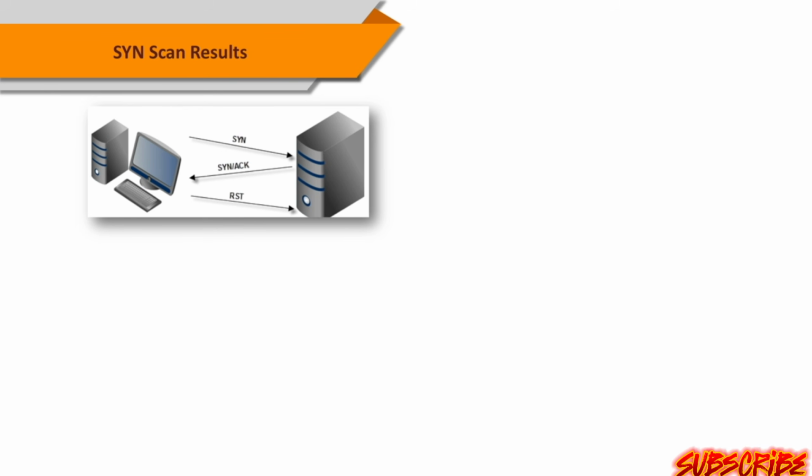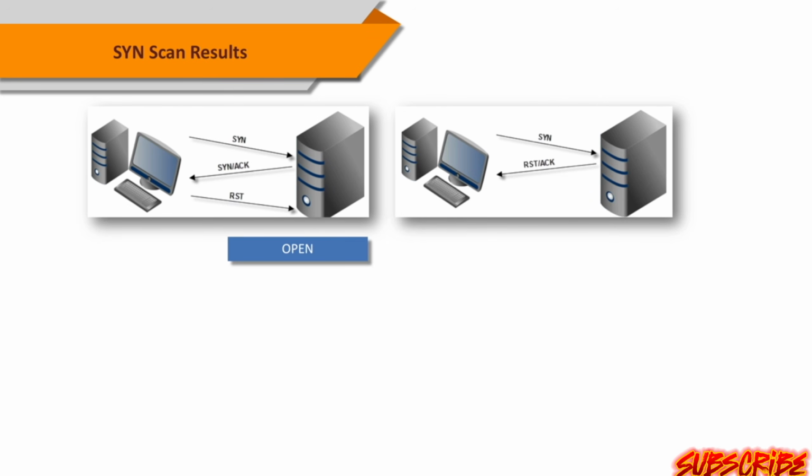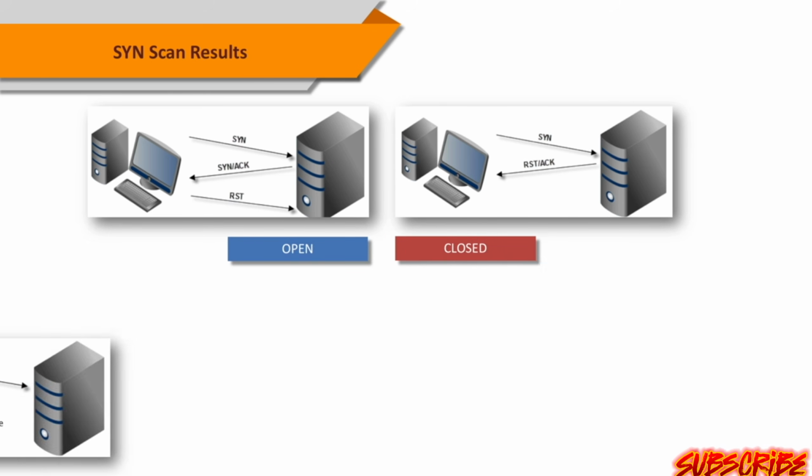Let's see how Nmap interprets the results of a SYN scan. When we send a SYN packet, the destination system replies with a SYN-ACK packet to show that it's ready for a connection, and we send RST to terminate the handshake. Nmap interprets this result as the port is open. If the destination system replies with a RST packet to our SYN packet, that means the port is accessible but closed.